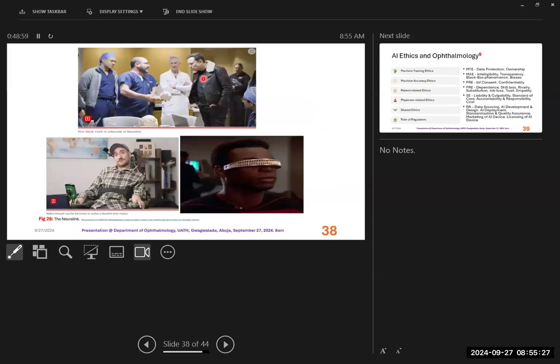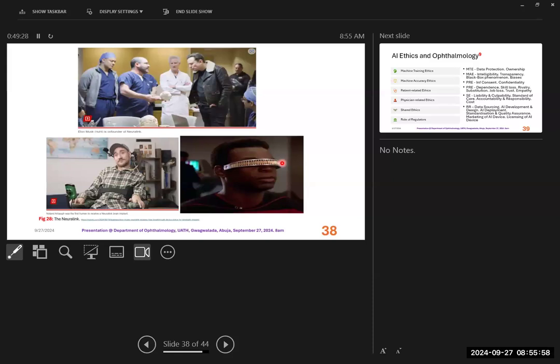This is Elon Musk with some of his associates. Then this is the person that had a motor accident and was paralyzed, but now can do some things. Then this essentially is like Google glasses, with a micro camera that can capture the picture around.